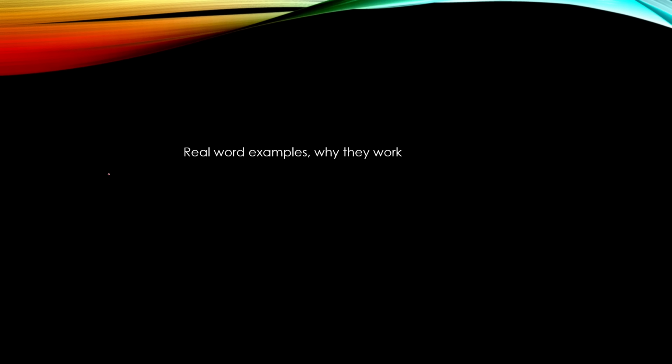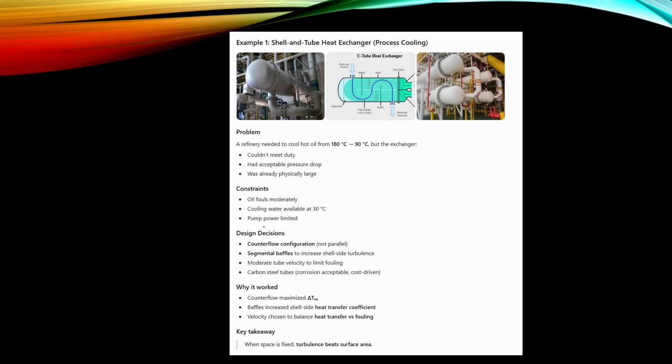Let's take a couple of examples in which heat transfer was improved. In this example we have a shell and tube heat exchanger, and the problem was that the refinery needed to cool down the oil and couldn't meet this duty.